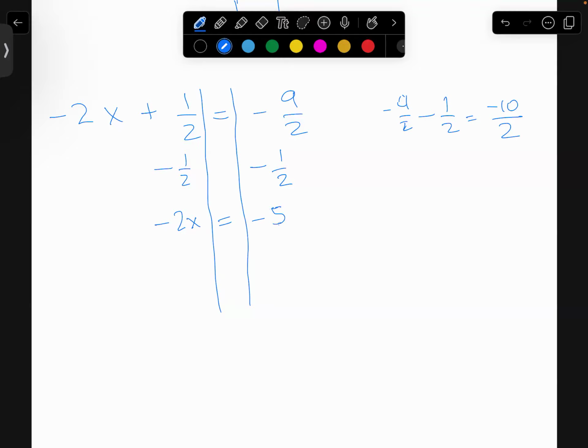Now the thing is, with fractions, the math doesn't get any harder because it's still all the same things. So then we divide by -2 now.